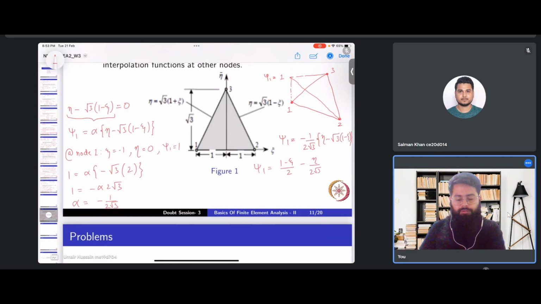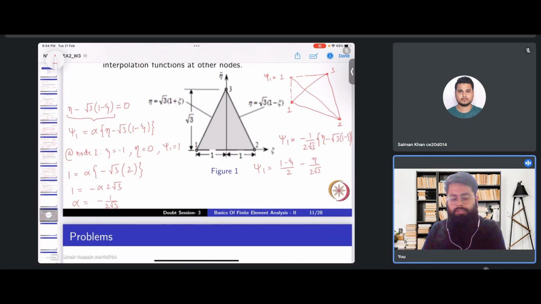Right? So this would be the shape function at node 1. I hope this is right. Yeah, I think it's right.